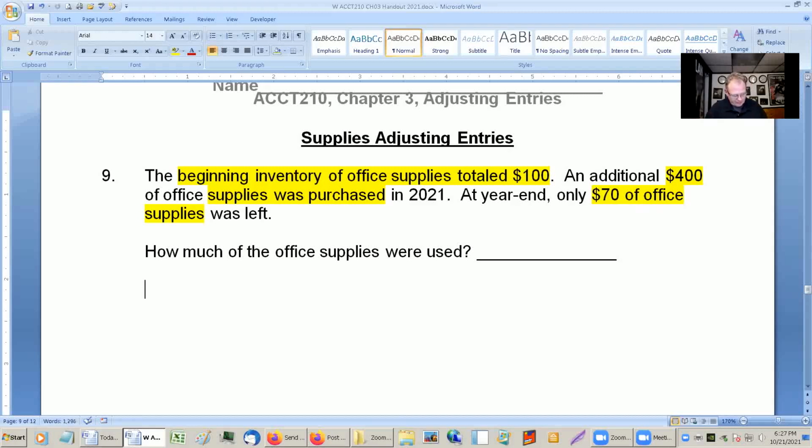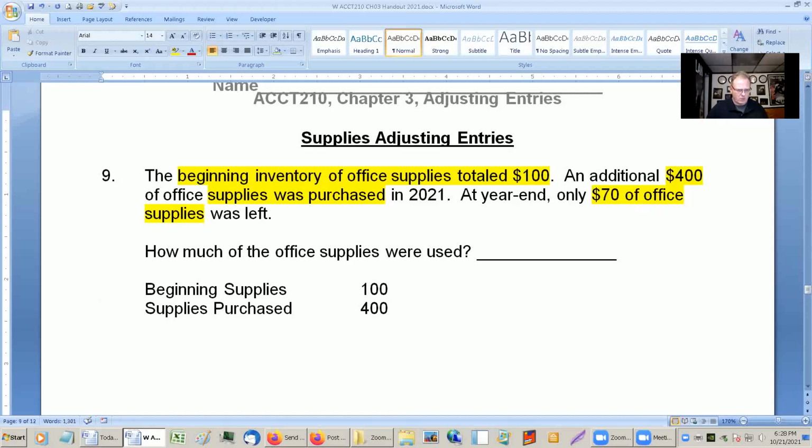So we have beginning 100, plus 400 more.